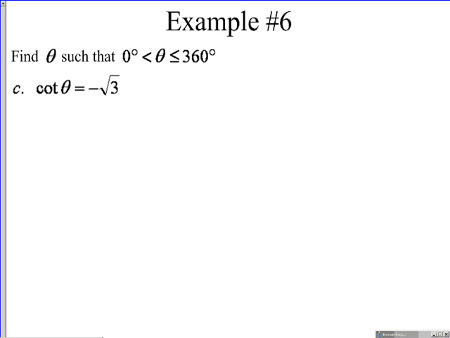Cotangent theta equals -√3. Triangles first. Cotangent is the reciprocal of tangent. Where's tangent negative? All students take calculus. Tangent is going to be negative in 2 and 4.